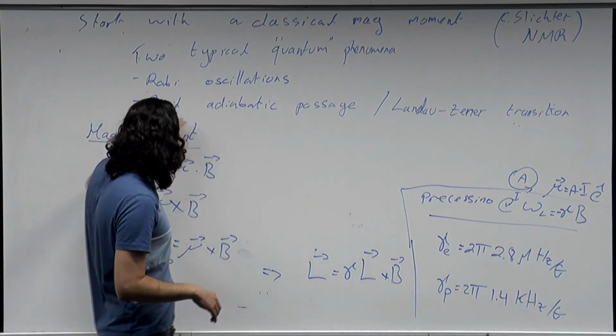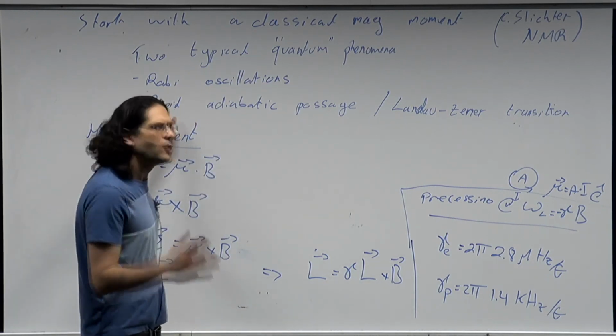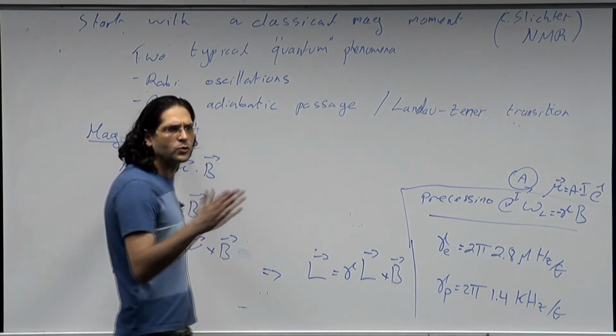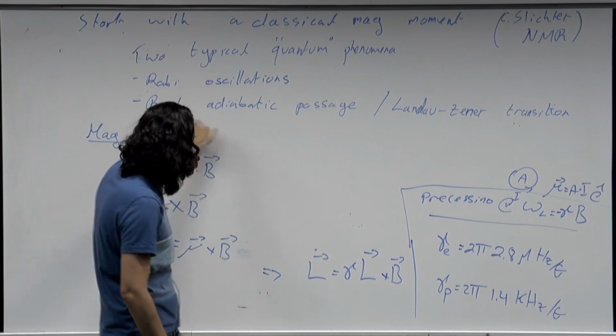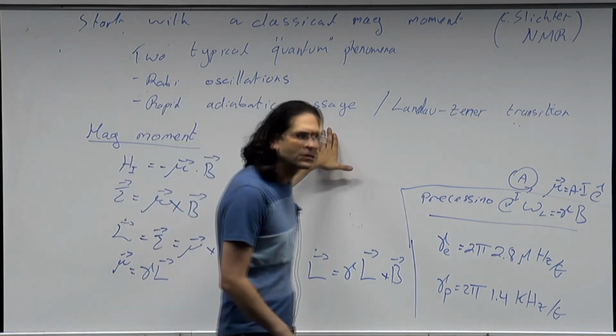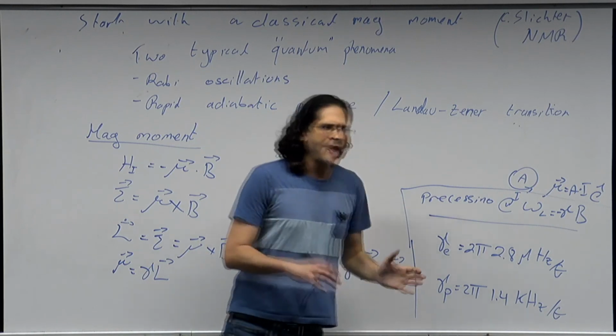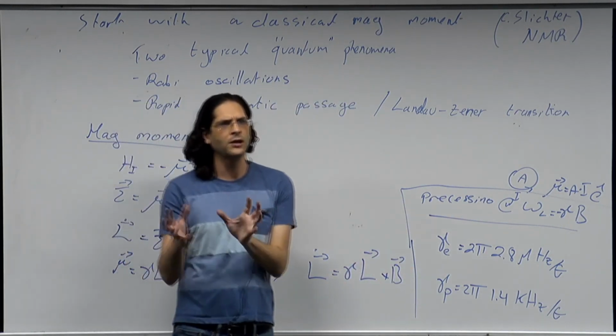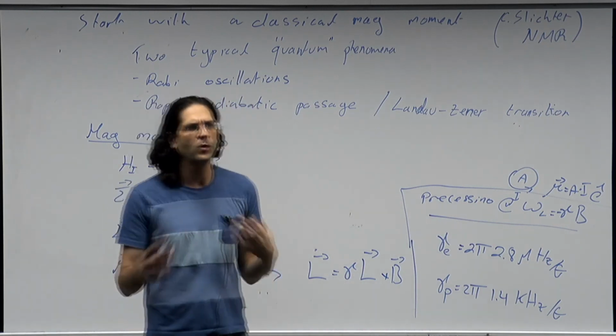And then I'm going to show you what happens when we sweep the magnetic field through, or sweep the frequency of the drive through and get something which is called rapid adiabatic passage. And then I'm going to show you how it comes about in the quantum version. Basically, they're equivalent.